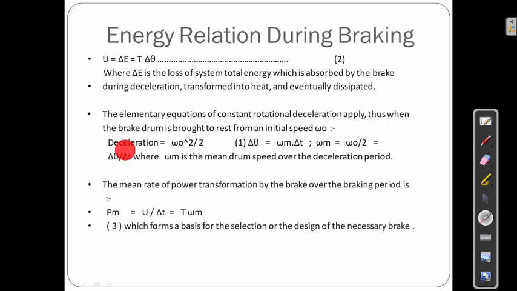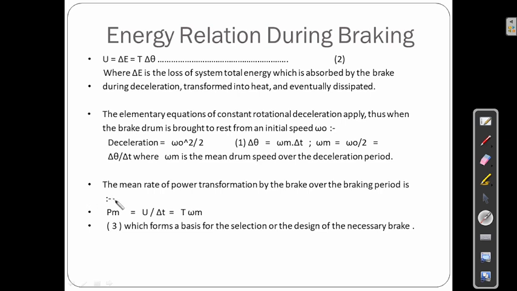Thus the brake drum is brought to rest from the initial speed ω0, with Δθ = ω_m Δt, where ω_m = ω0/2 is the mean drum speed over the deceleration period.